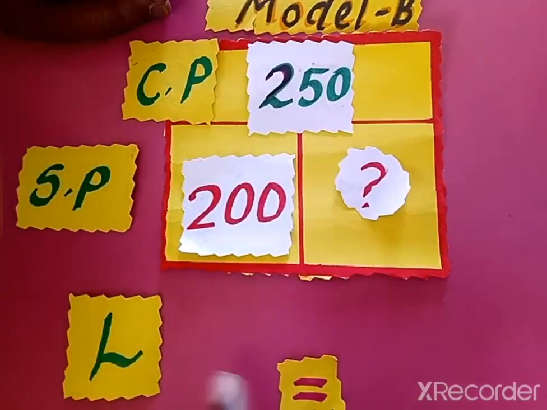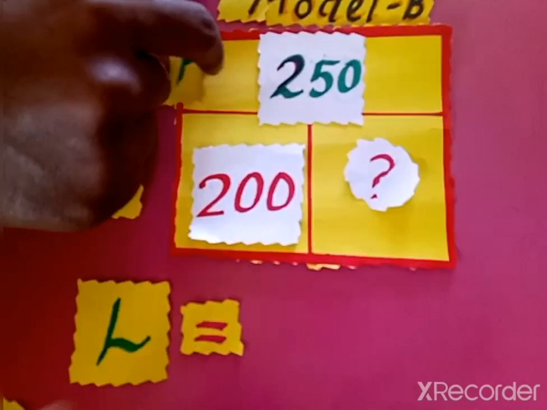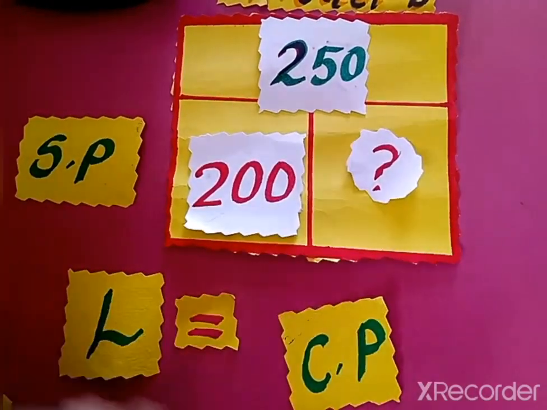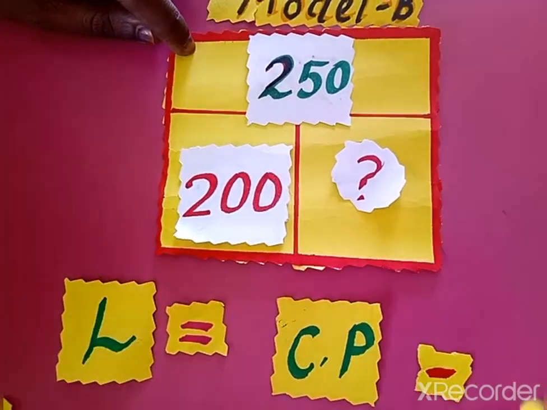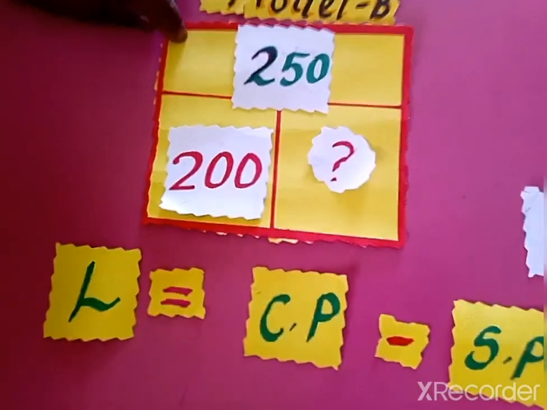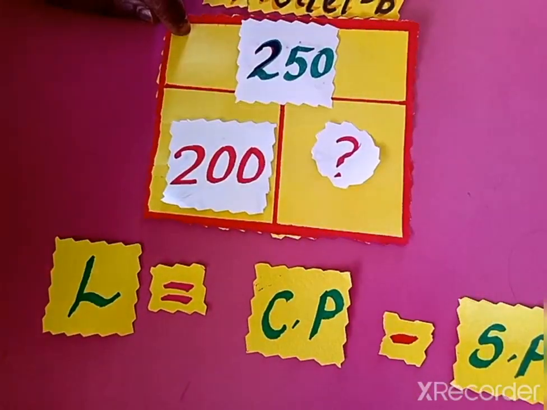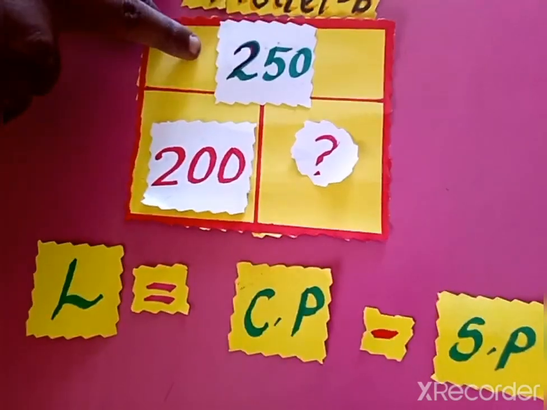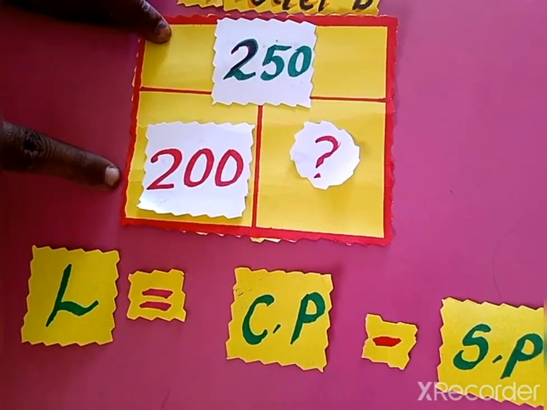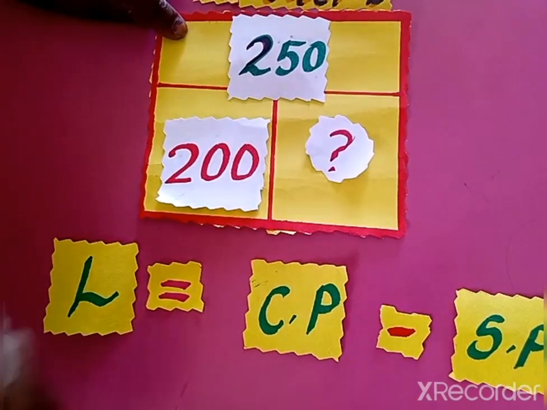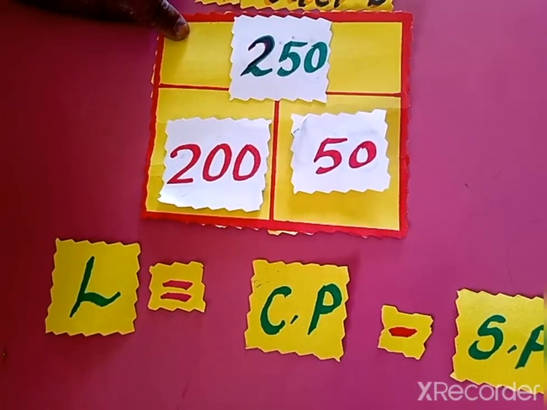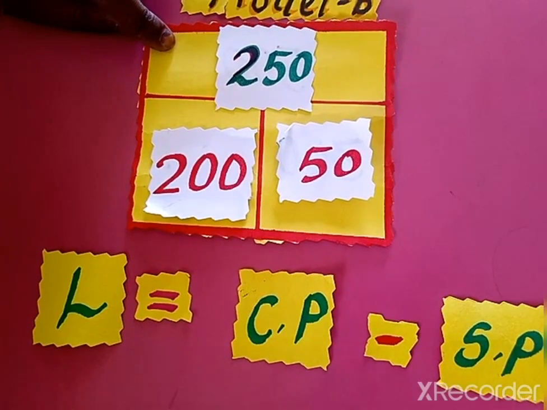Because it is the whole number, I have to subtract the selling price from the cost price. Clear? So that time I get my loss amount. What is it? 250 minus 200, what will be my amount? It will be rupees 50. So my loss amount is rupees 50.